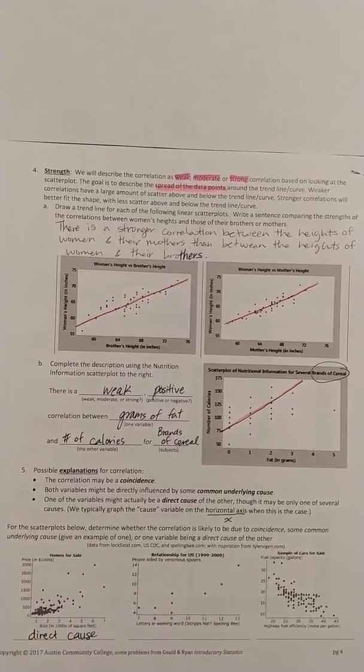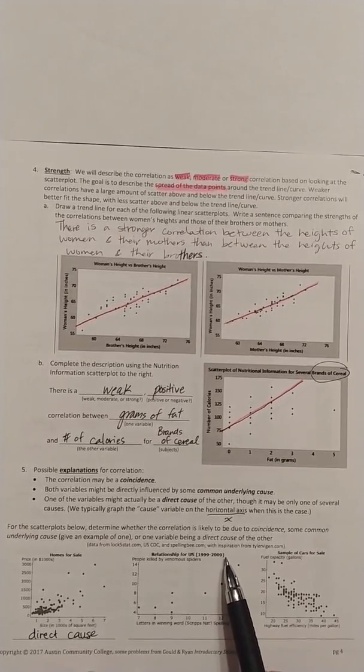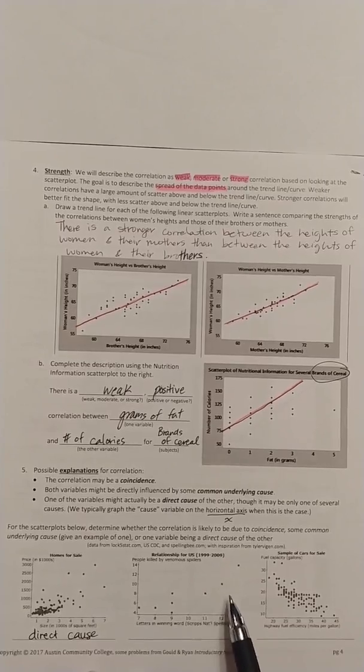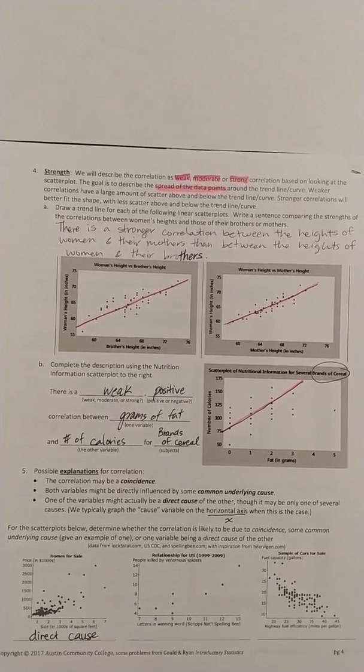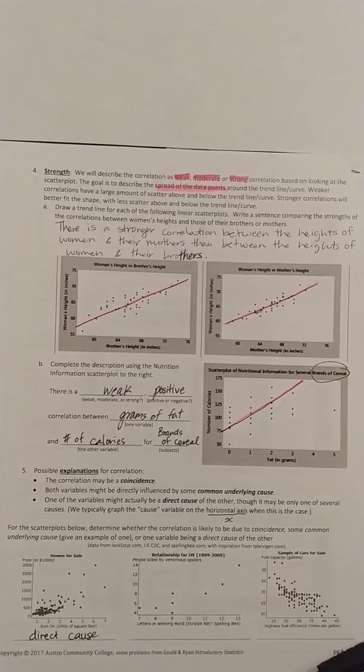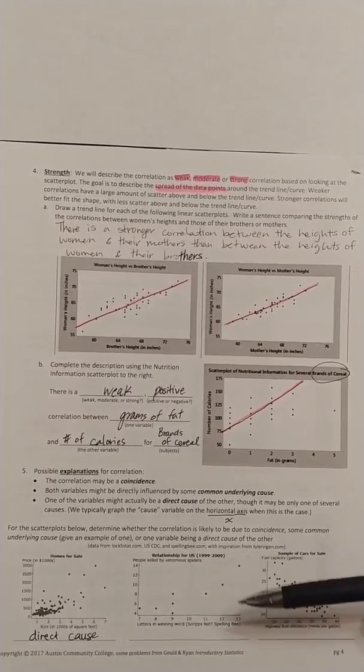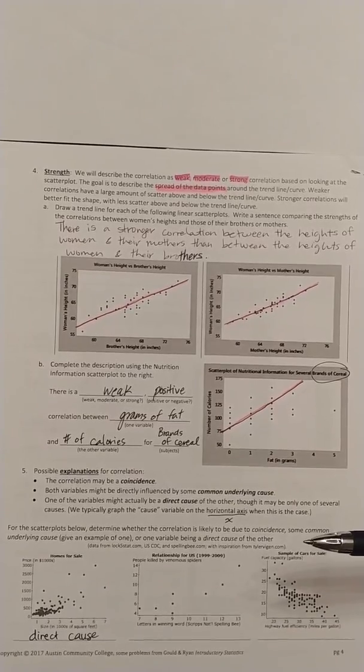All right, relationship for the U.S. from 1999 to 2009, so a 10-year span. And here we have letters in winning word, and then we have people killed by venomous spiders. So do you think that the letters in winning words from spelling bees is going to have any relation to people killed by venomous spiders?